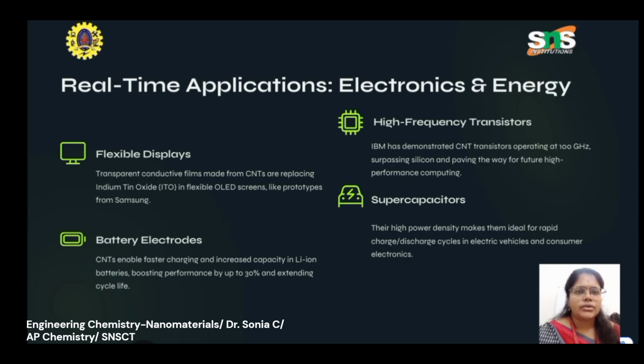Then battery electrodes. Carbon nanotubes enable faster charging and increased capacity in lithium ion batteries. They boost performance by at least 30 percent, and the cycle life of the battery is also increased due to the use of carbon nanotubes.